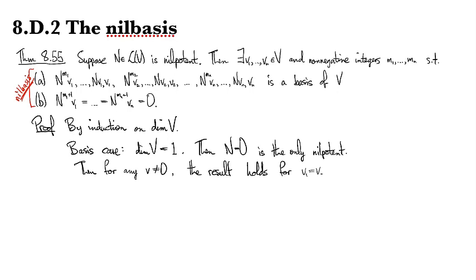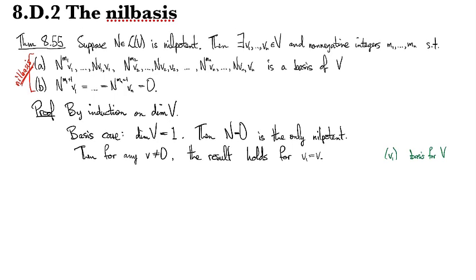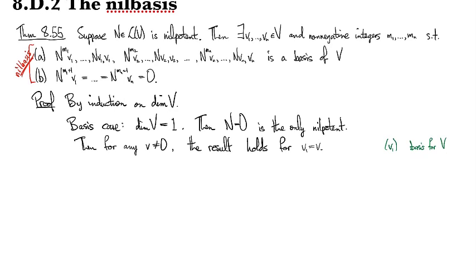Namely, if we apply n to this vector, then we get 0, so that satisfies condition 2. And for the first one, we just have the singleton list that looks like v1 by itself. Here, I'll put it in parentheses to make it look sad and lonely. That's our basis. Okay, kind of trivial. Whatever, it's the base case, it's usually trivial.